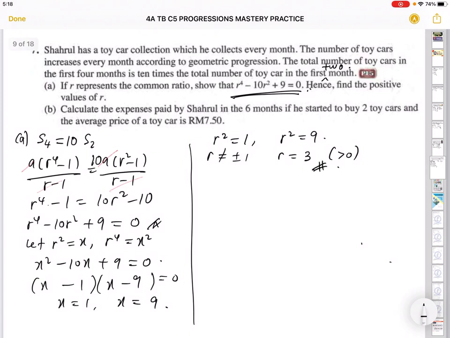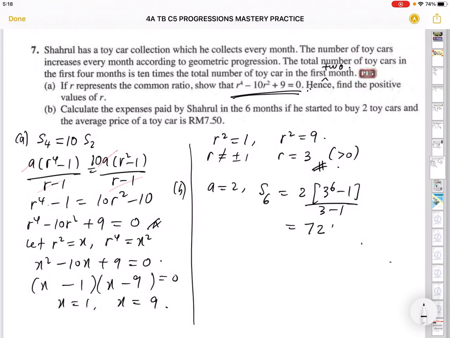All right, B, calculate the expenses paid by Sharul in 6 months if he started to buy 2 toy cars and the average price of the toy car is 750. So that means your a is now 2. Okay, so in 6 months, S6 will be a(r^n minus 1) over r minus 1, 3 power 6, 729 minus 1, 728.